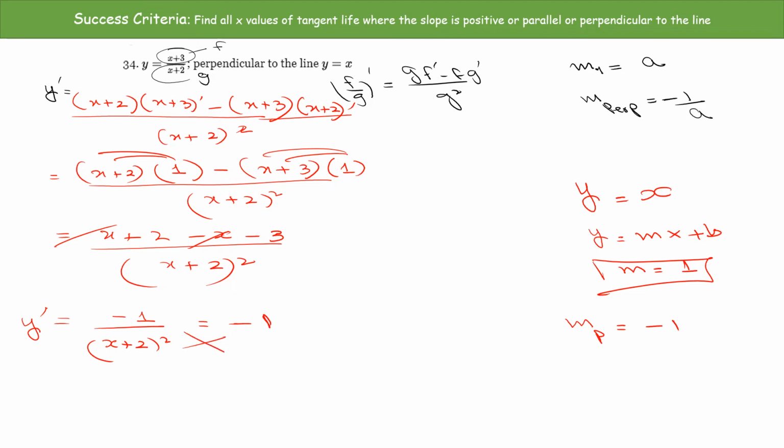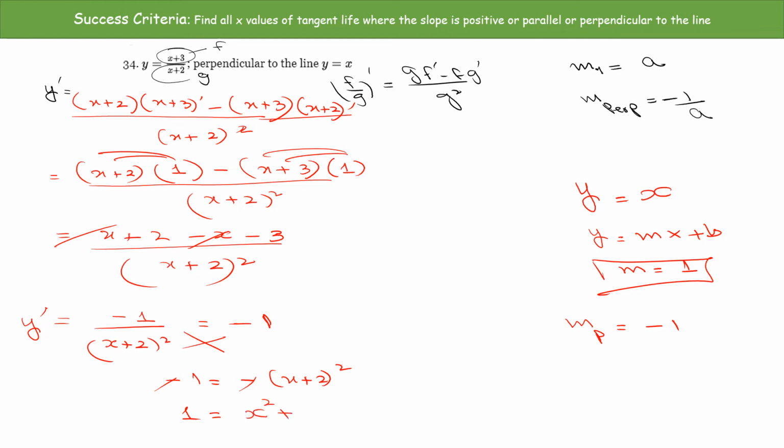Cross multiply, we will get negative 1 equals negative (x plus 2) whole square. Now here you can cancel the negative and negative, no problem. Now (x plus 2) whole square, as I told you previously also, you have to use the (a plus b) formula. So this gives you a square, that is x square, plus 2ab.